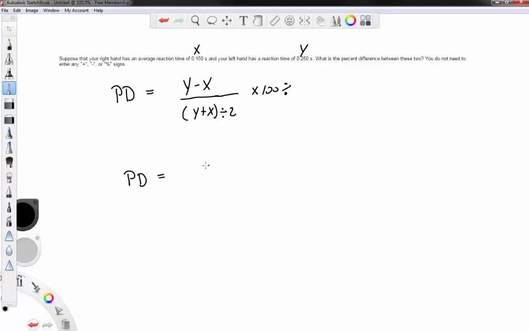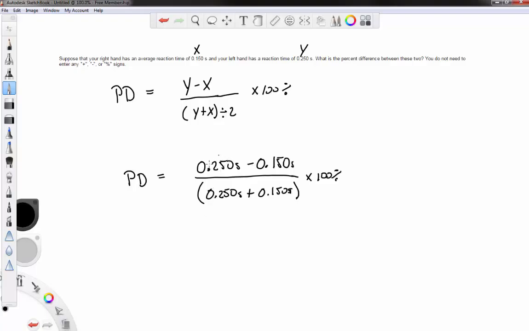Therefore, percent difference is 0.250 seconds minus 0.150 seconds divided by 0.250 seconds plus 0.150 seconds. And then that is times 100%.